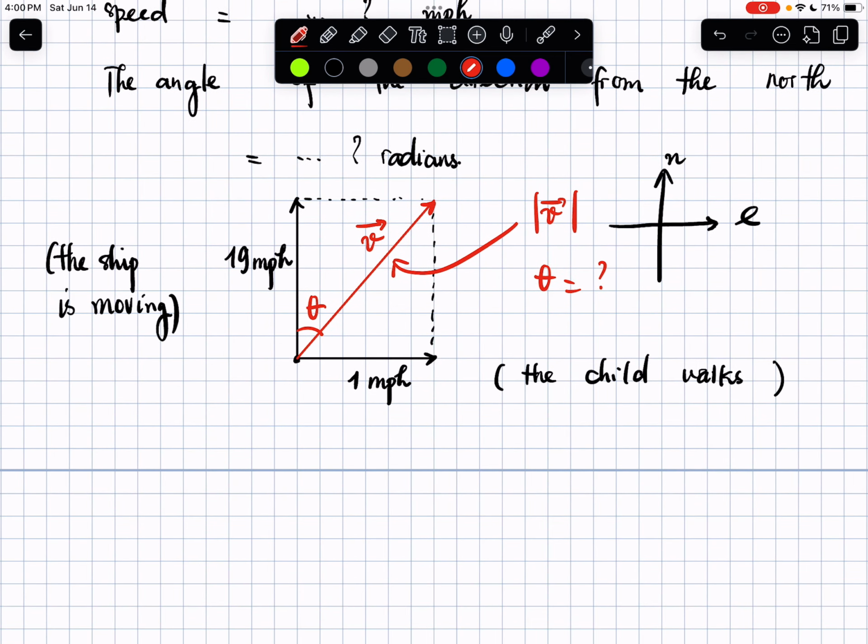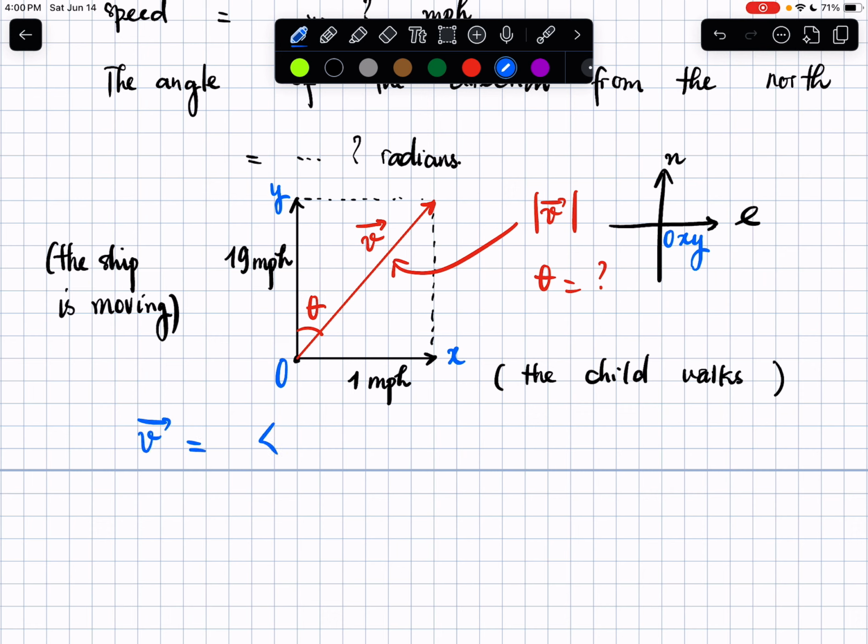So the horizontal vectors is, say we are in the OXY plane. Let's say OX here and Y there. This vector, say vector v, is the sum of two vectors.